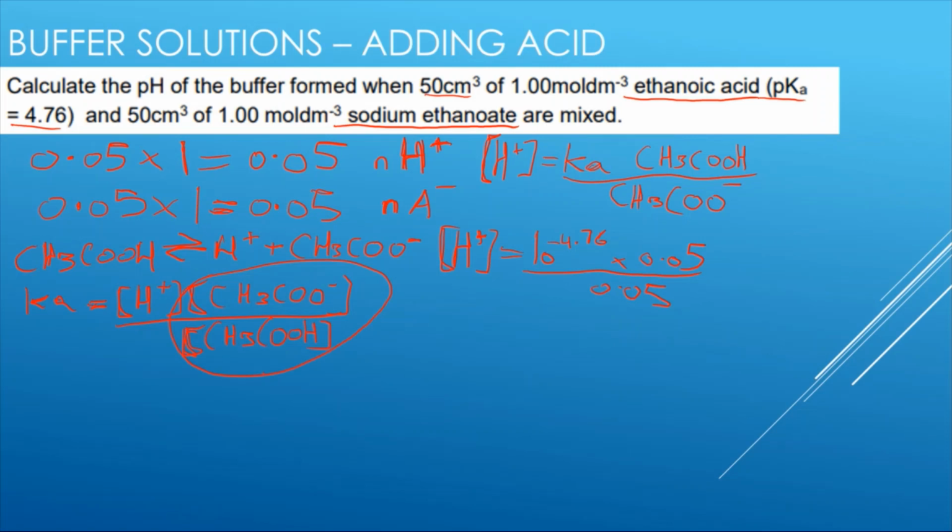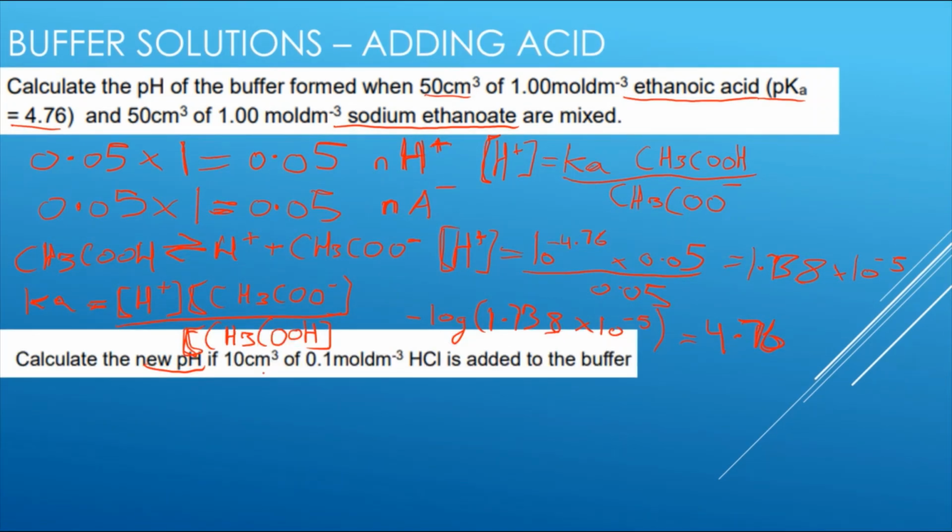So this would get me 1.738 times 10 to the power of minus 5, and then I could minus log that, and this would get me my pH, which to 2 decimal places would be 4.76. So this is my acidic buffer, and if you're getting a pH higher than 7, then you know you've done something wrong, because that would mean it's an alkaline buffer instead of an acidic buffer.